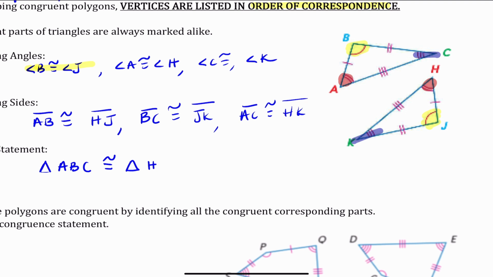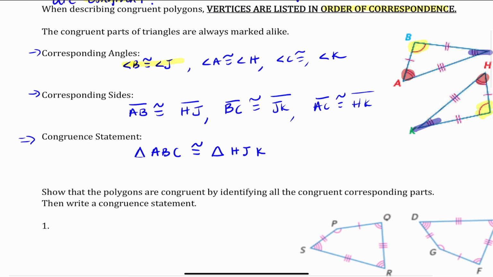And then we take a look at B, and since B has 1 arc, you need to write the letter that has 1 arc for this other triangle, in which case it's J. And then the same thing for C. C has 3 arcs, K has 3 arcs, so K has to be the third letter of your triangle.